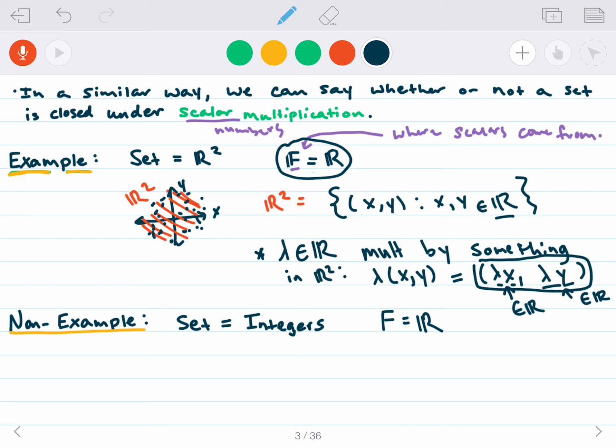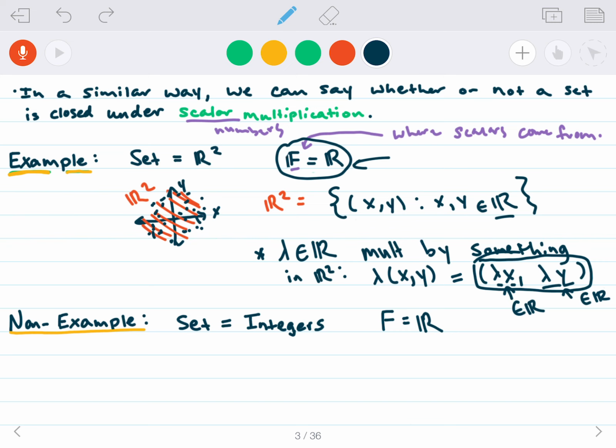So multiplying by a real number is not going to kick anything out of the set. Anything in R2 multiplied by a real number lambda is still going to be in R2. We're still going to have a real number in the first component and a real number in the second component. So it is closed under scalar multiplication.